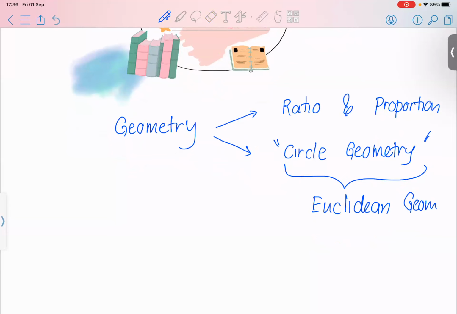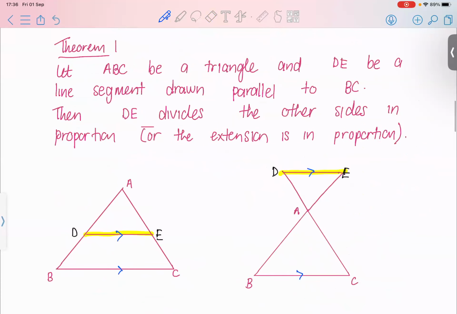Right, so let's recap on a very crucial result that is important when we talk about ratio and proportion. In particular, there are two important theorems that you would have learned in school and gotten exposure to with regards to ratio and proportion. So it always begins with a triangle, right?